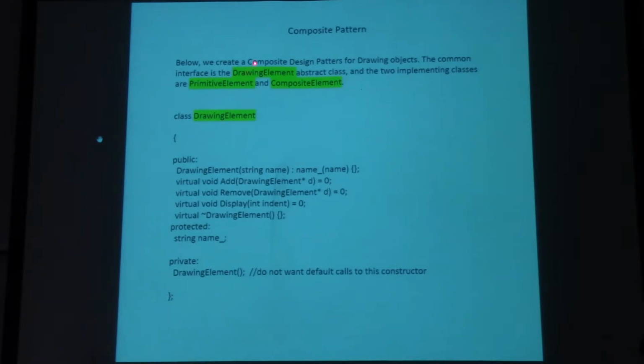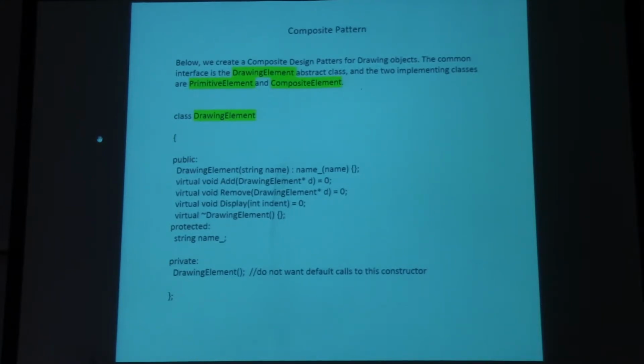Below we're going to create a composite design pattern for drawing objects. The common interface is the drawing element abstract class, and the two implementing classes are primitive element and composite element. Our drawing element class is a pure virtual class, so that's going to be our abstraction.